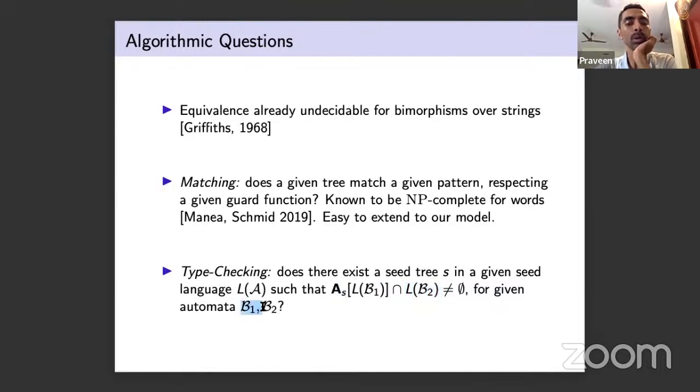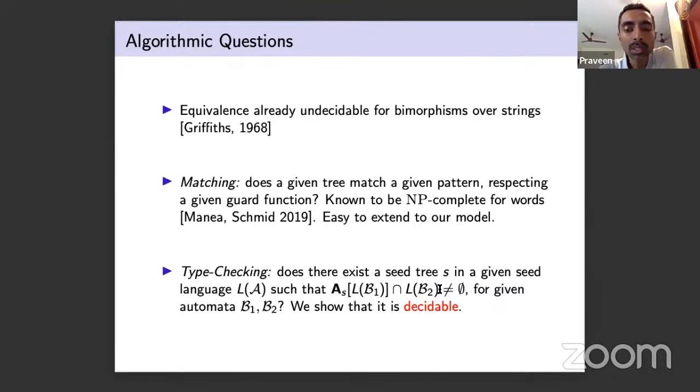B1 and B2 are two automata given as input to this type checking problem. So intuitively, it is asking whether there exists some source tree in the first language L of B1, such that when you apply the transformation on that source tree, the resulting target tree will be in this language L of B2. This is the type checking problem, and we show that it is decidable.